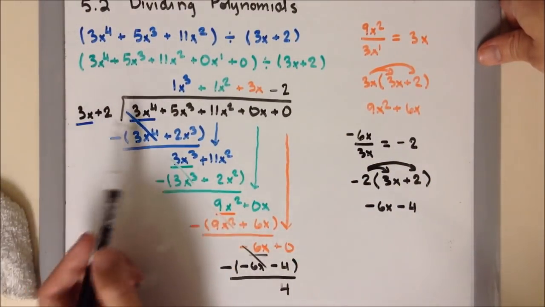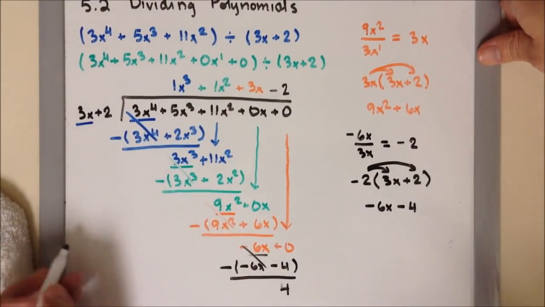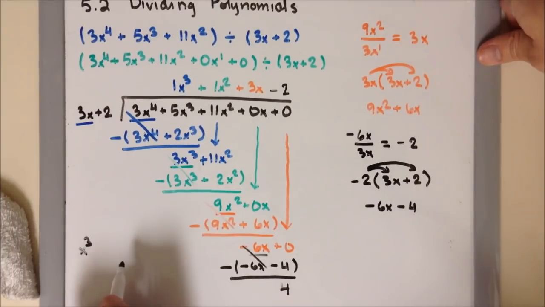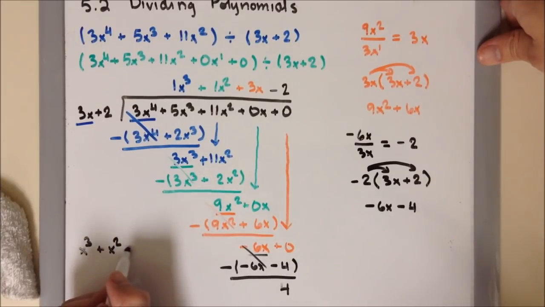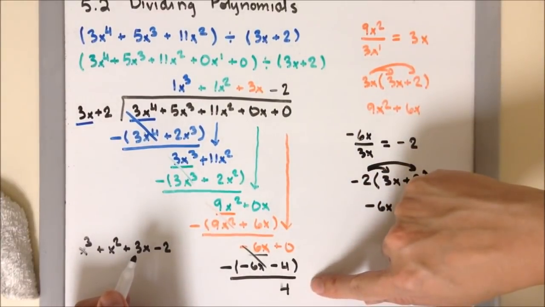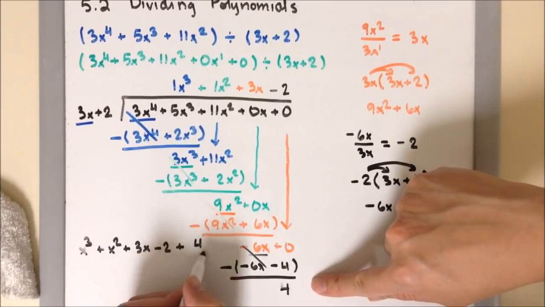So now I'm going to write my final answer according to what I have up here. So it's, now since it's 1x to the third, I can just write x to the third. Since it's plus 1x squared, I can write plus x squared plus 3x and then minus 2. Since my remainder is a positive 4, I'm going to write plus and then the 4 on top of the fraction.